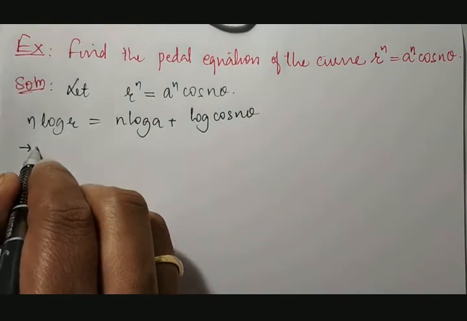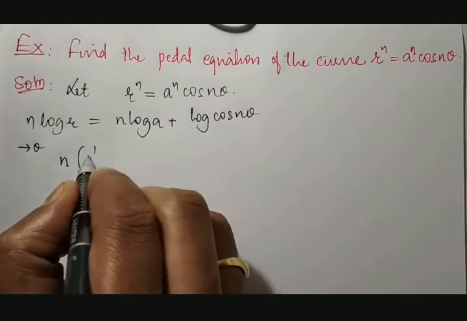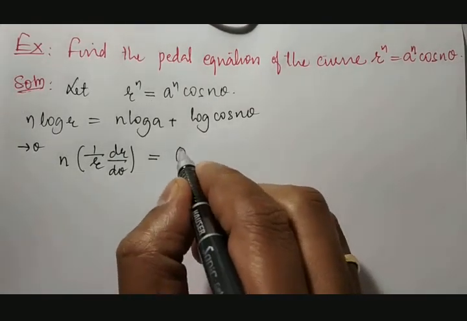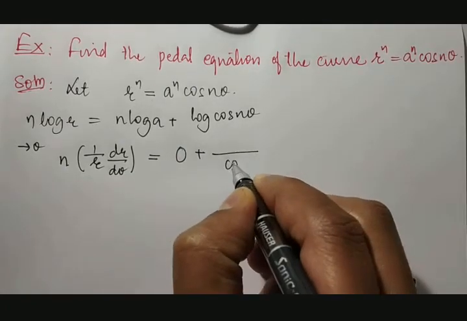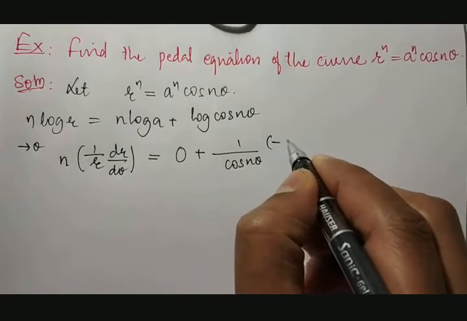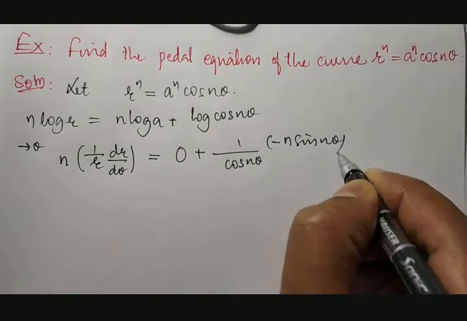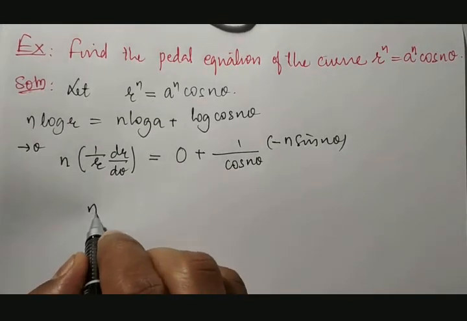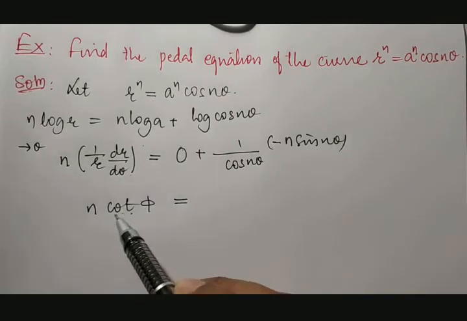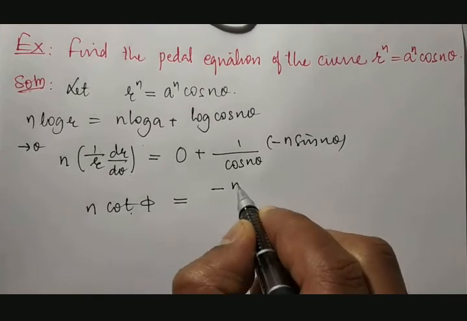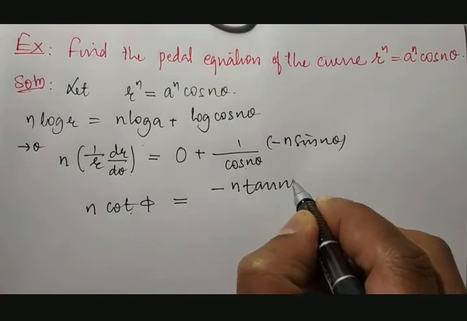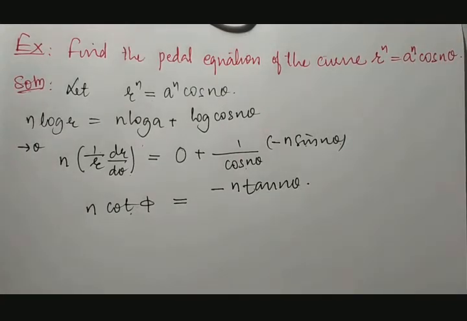Then differentiating with respect to θ gives n into 1 by r into dr by dθ = 0 + 1 by cos nθ, and the differentiation of cos nθ is minus n sin nθ. Therefore, n cot ψ = (1/r) dr/dθ, so cot ψ = minus n sin nθ by cos nθ, which is nothing but tan nθ.